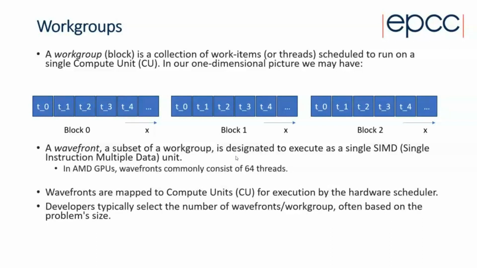A wavefront is then a subset of a block, and it is designed to execute in a single SIMD fashion, so a single instruction, multiple data unit. In AMD GPUs, wavefronts commonly consist of 64 threads.